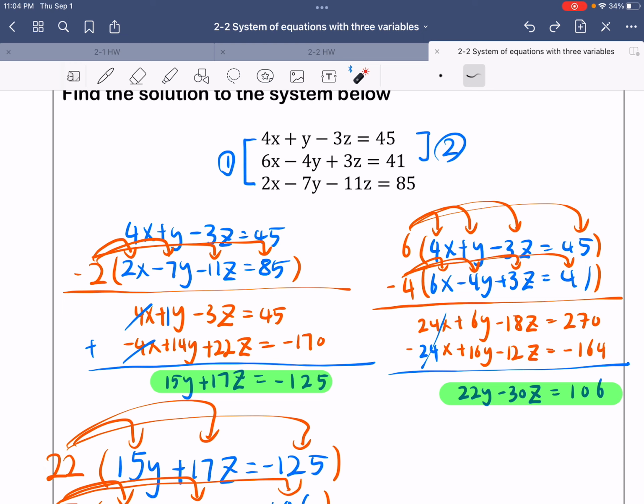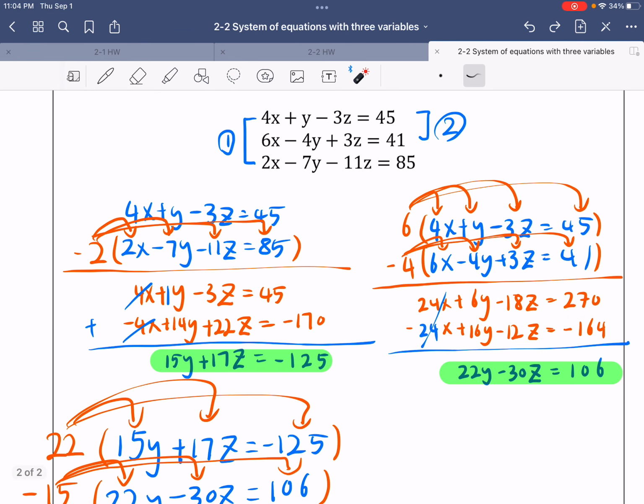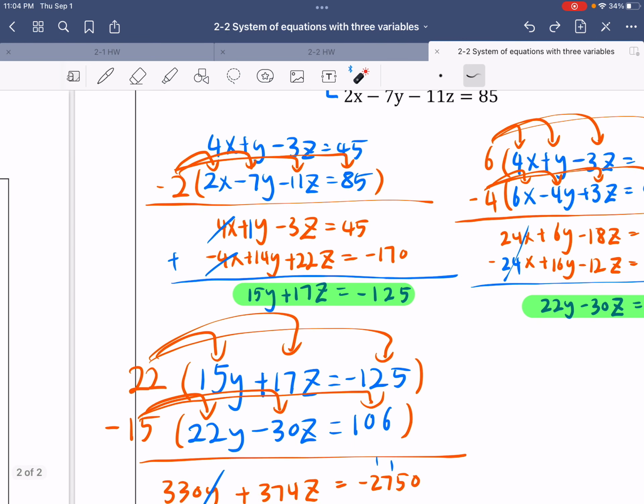So I did it right. 22. Okay, I did it correct. So that one is 1, 0. Yeah, so I did not make any mistake here.